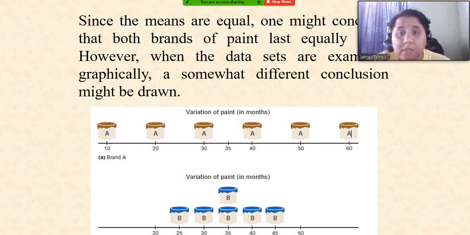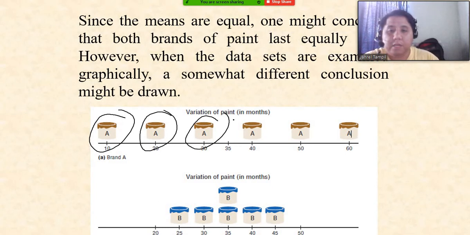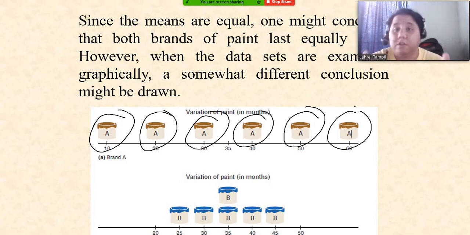However, when the datasets are examined graphically, a somewhat different conclusion might be drawn. As you can see in the following illustration, brand A and brand B are different in terms of their visual representation. Let's take a look. For brand A, as you might have noticed, the different data points that we have are a little bit far off from each other.